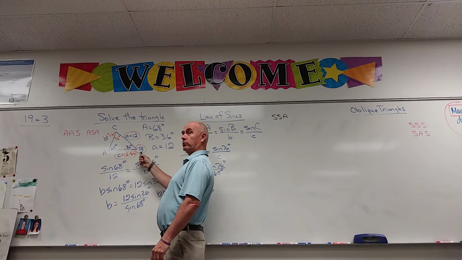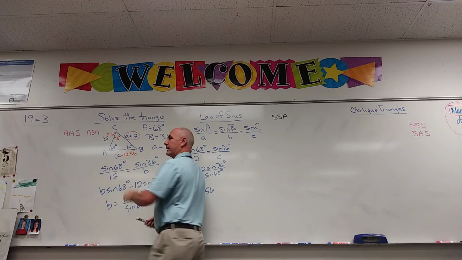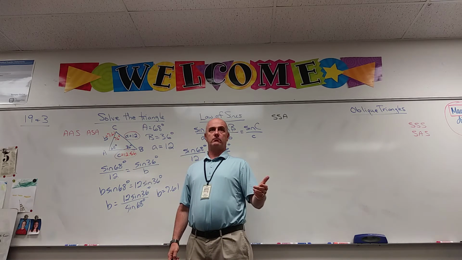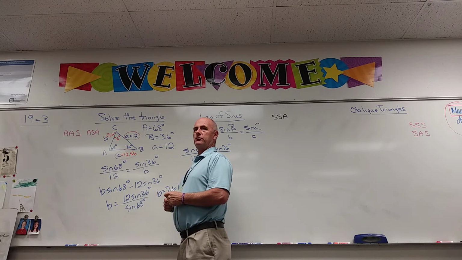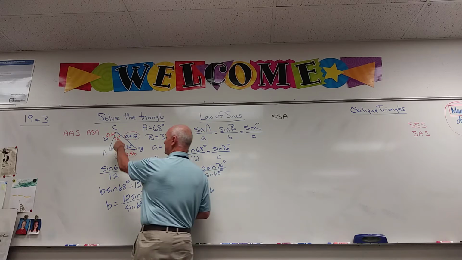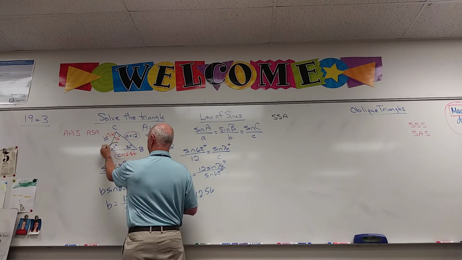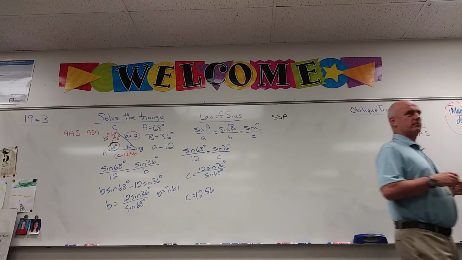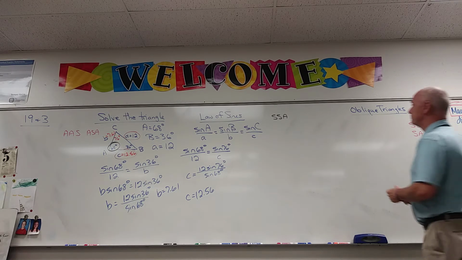We could not use angle B, because SSA is saying that the angle is not between the two sides. So we could use either of these two angles. Let's say we picked that one. Would that be okay for the law of sines? Yeah, it would. So, let's do an SSA problem.